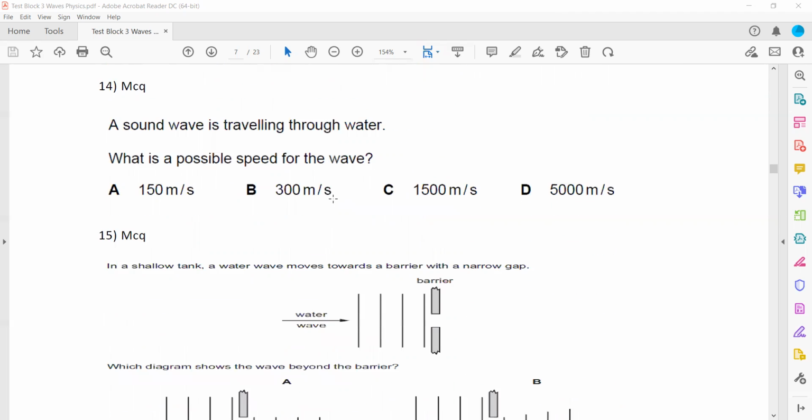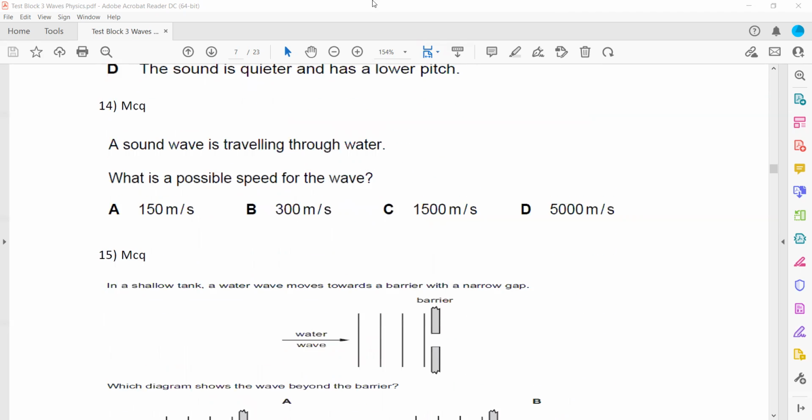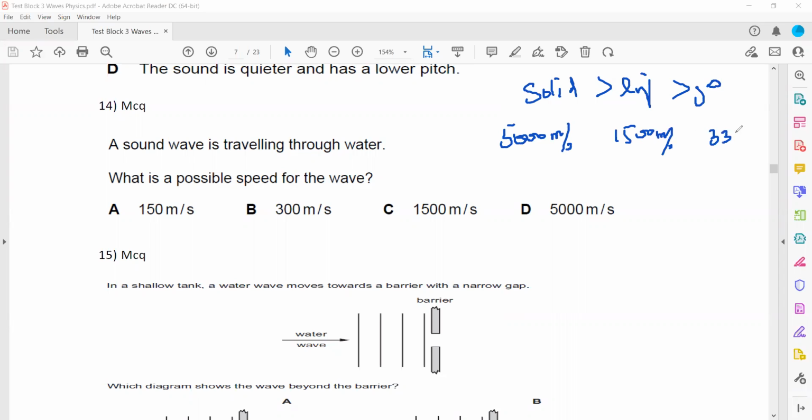In question 14, a sound wave is traveling through water. What is the possible speed of the wave? So remember, sound travels fastest in solid, then liquid, and in liquid it travels faster than in gas. Approximate speed is 5,000 in solid, approximate speed is 1,500 in liquid, and approximate speed in gas is 330, or 340 you can write, as it varies with temperature.